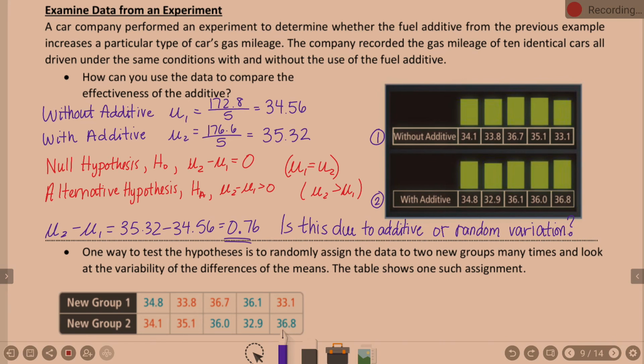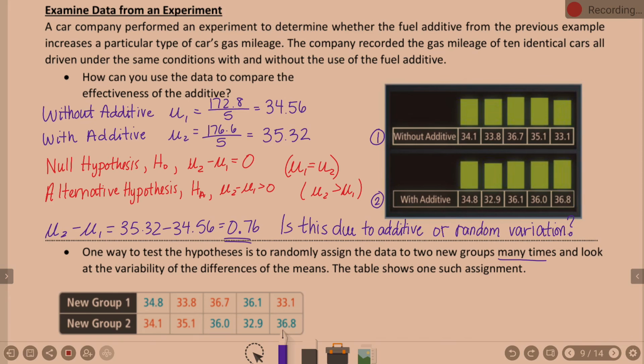That's the direction we're going to take next: one way to test the hypothesis is to randomly assign the data to two new groups many times and look at the variability of the differences of the means. If the additive is making a difference, we should have differences between our two groups no matter how you organize it. If the additive is not doing its job, then these groups are going to be close together.